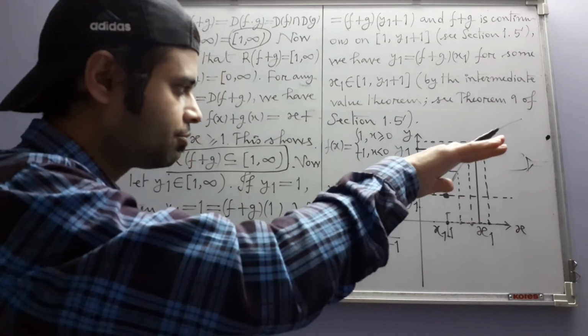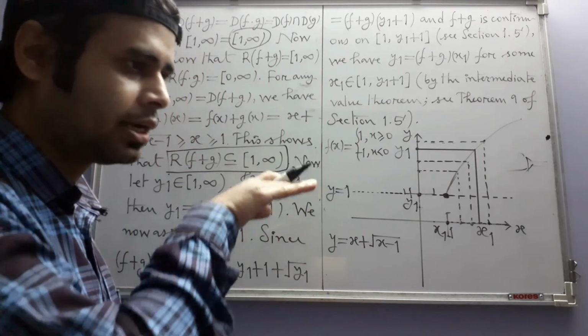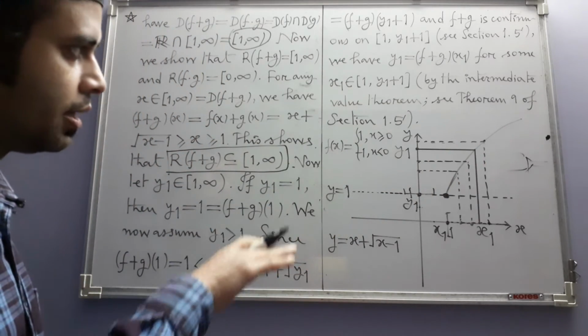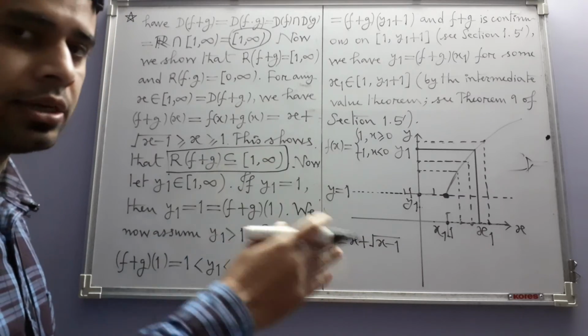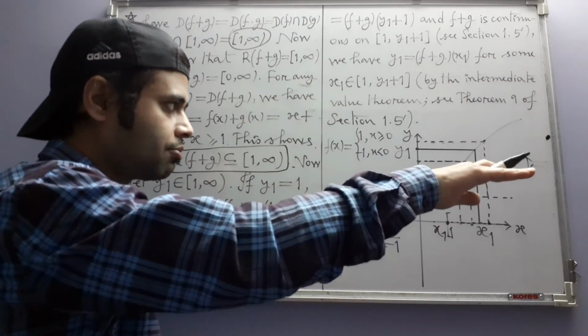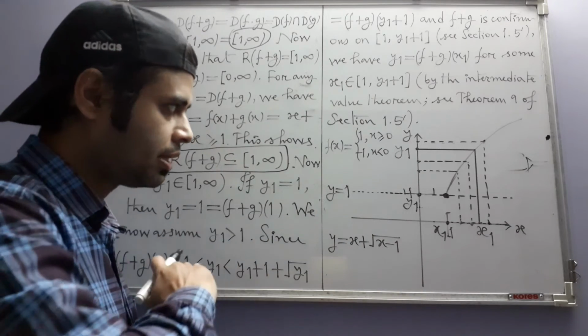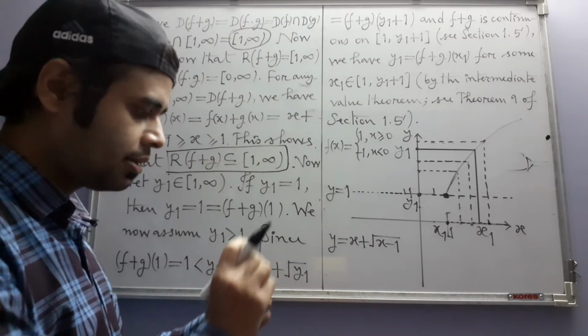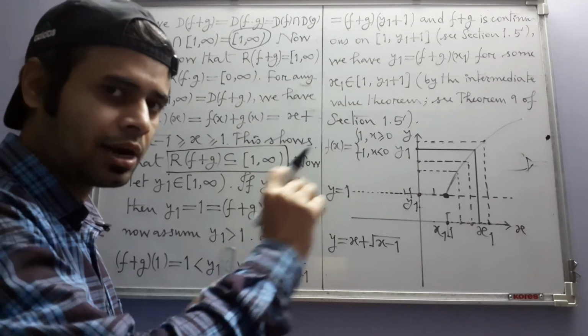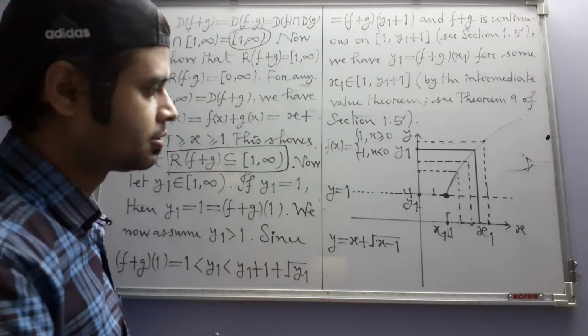To the right of the y-axis, you get the line y equal to 1, and to the left of the y-axis, you get the line y equal to minus 1.